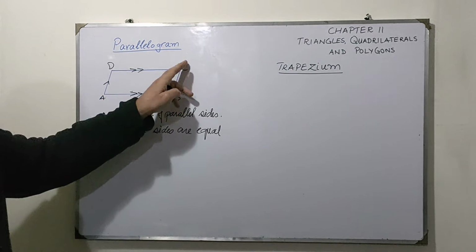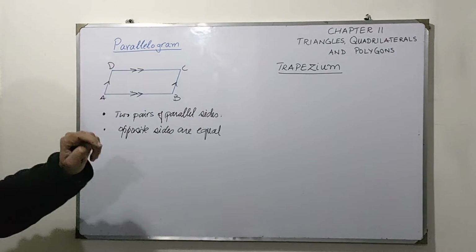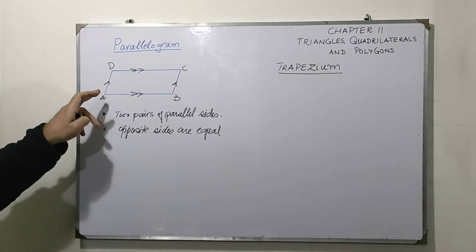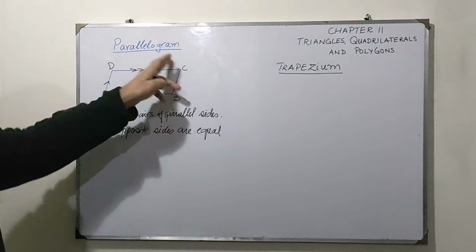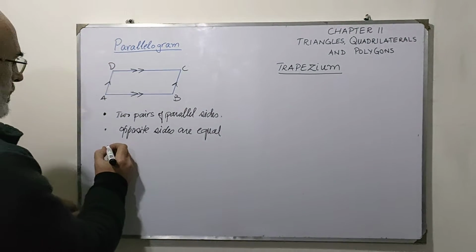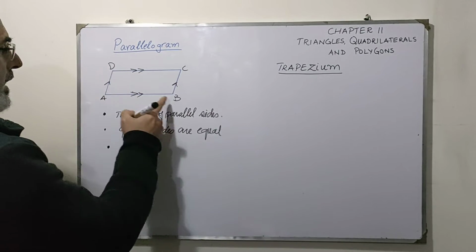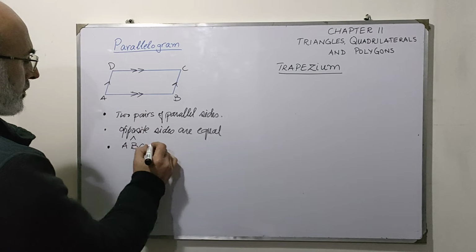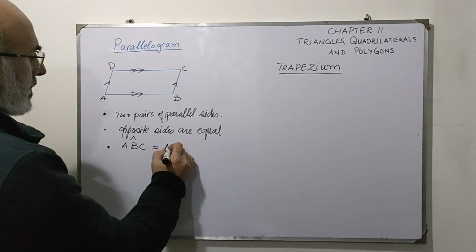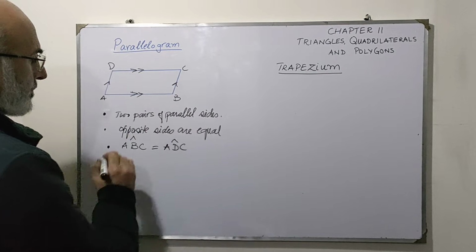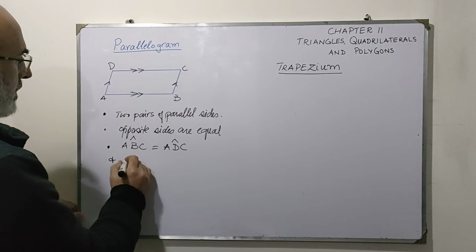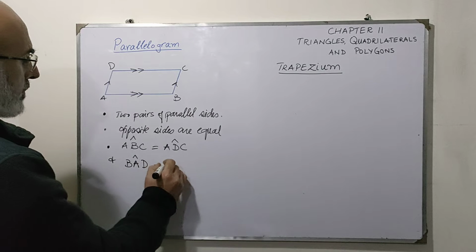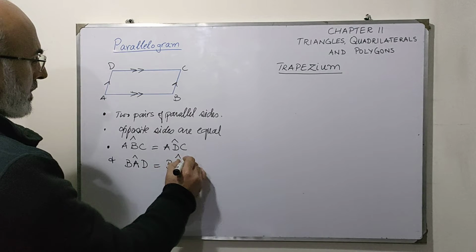Angle ABC is equal to angle ADC, and angle BAD is equal to angle BCD. Okay?